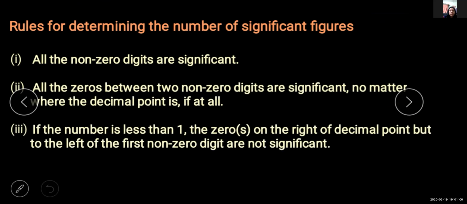Third point: if the number is less than 1, the zeros on the right of the decimal point but to the left of the first non-zero digit are not significant.